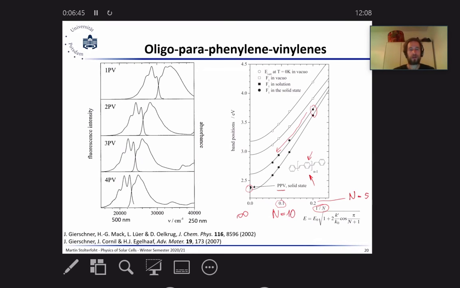Because electrons are fermions, and they cannot exhibit the exact same quantum state. So the molecular orbitals need to split more and more. If you bring more and more pi orbitals together, the molecular orbitals need to split more and more, and the band gap will shrink.